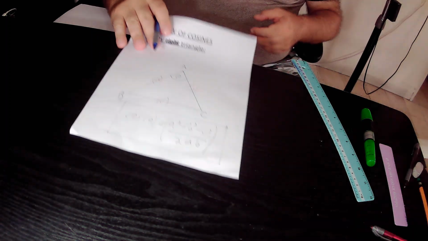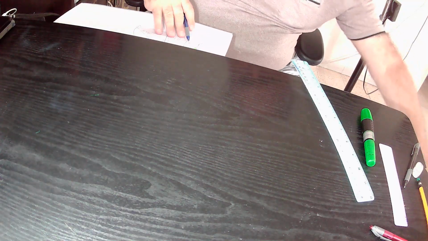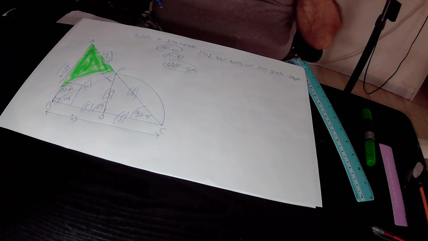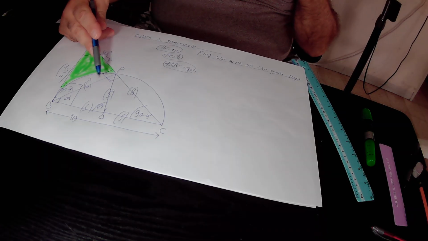So we can actually implement the law of cosines in our triangle POB.